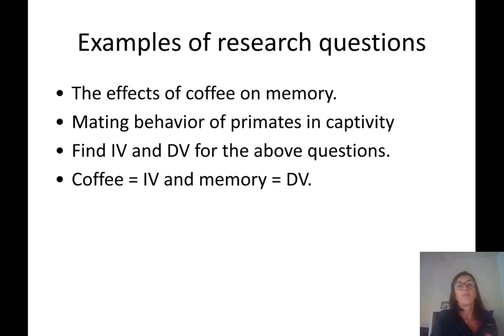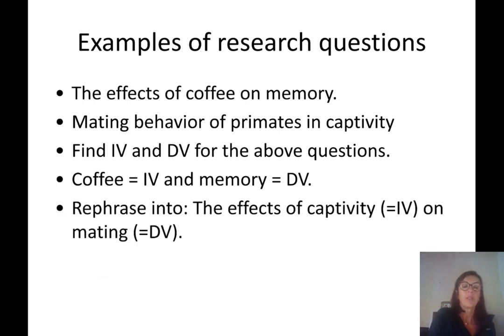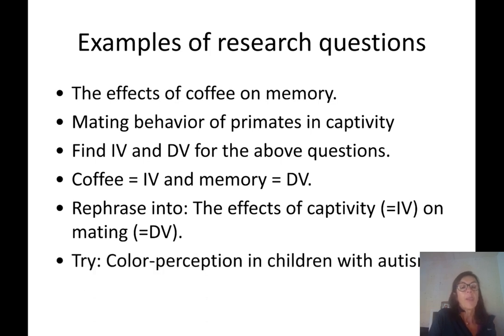I can just observe it. Mating behavior is now what I observe, my dependent variable. This is what I measure, and I can come up with specific ways of how I measure it. So again, if I rephrase that phrase into the effects of captivity on mating behavior, then it will become very clear.